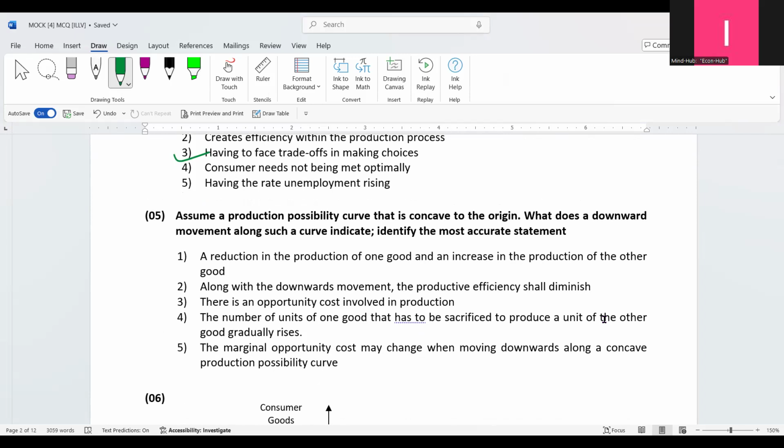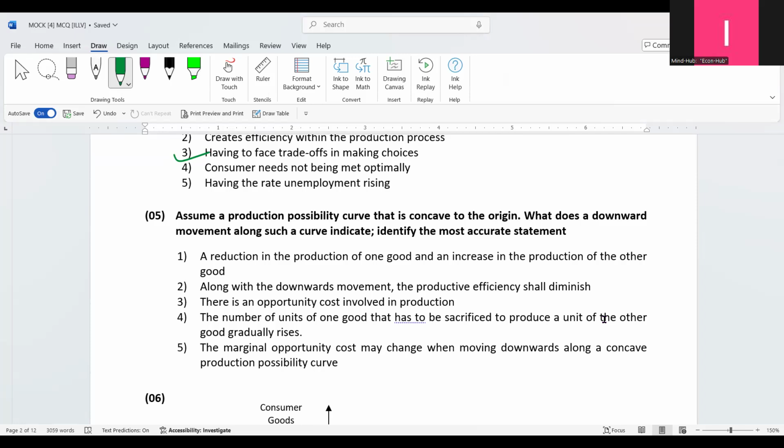So when you go downwards along a production possibility frontier with increasing opportunity cost, a reduction in the production of one good and increase in the production of the other good, which will happen, but that doesn't explain the concave nature. It only talks about having an opportunity cost.